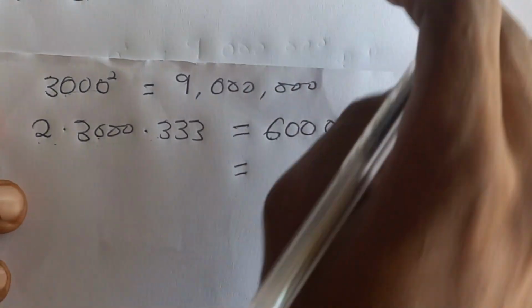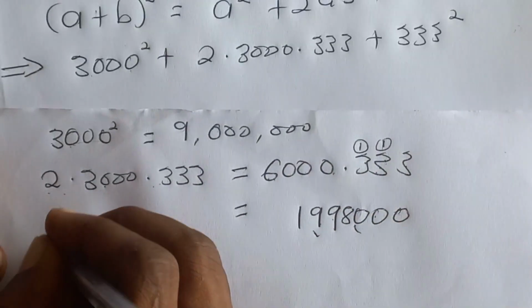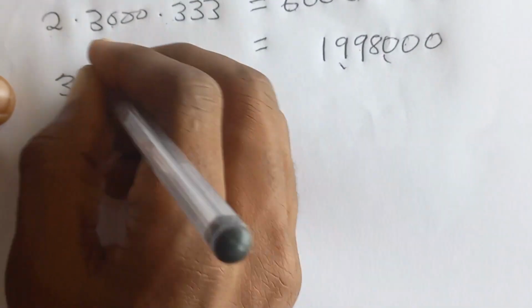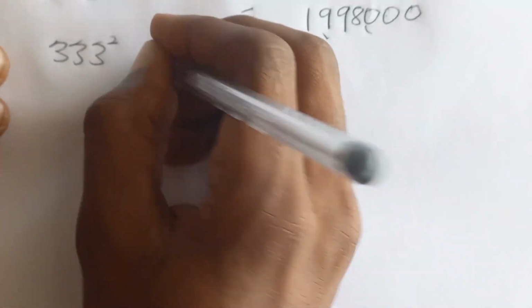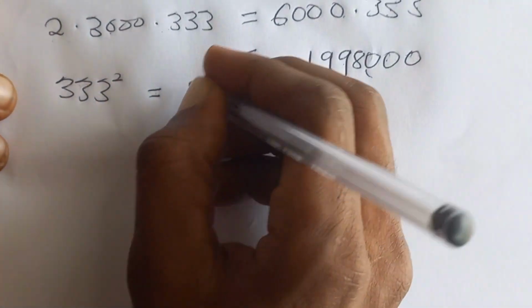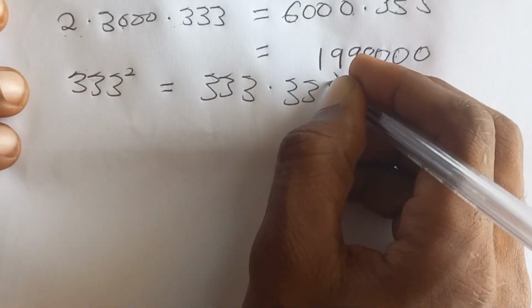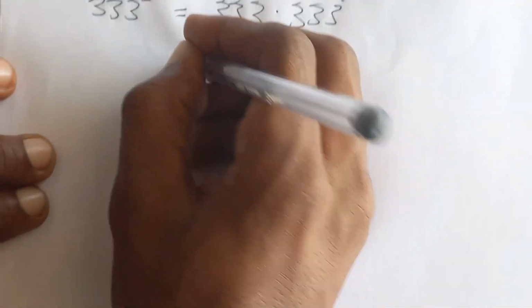And the other part, which is 333 squared. This is the same as 333 times 333.